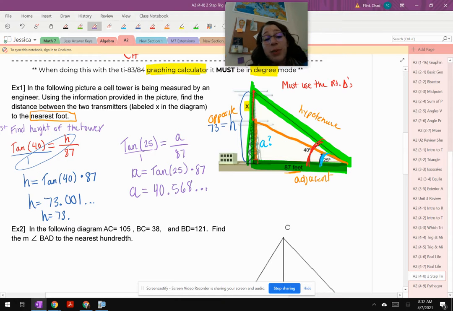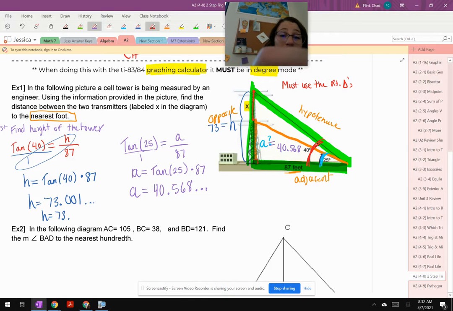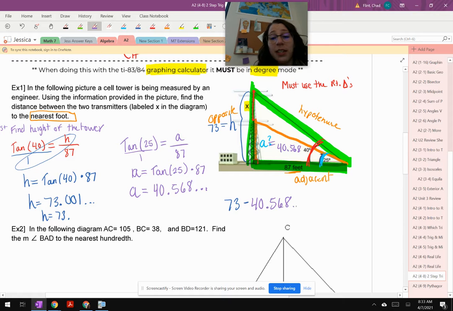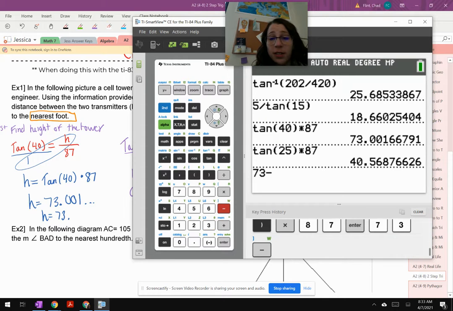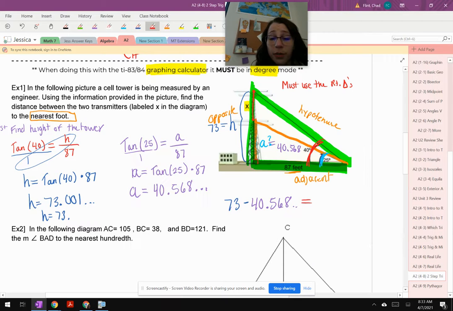So now, last but not least, I can use this information to subtract to find that missing red piece. 73 minus 40.568 is going to be equal to, and I'm just going to steal that answer from above so I don't have to type, 32.43.